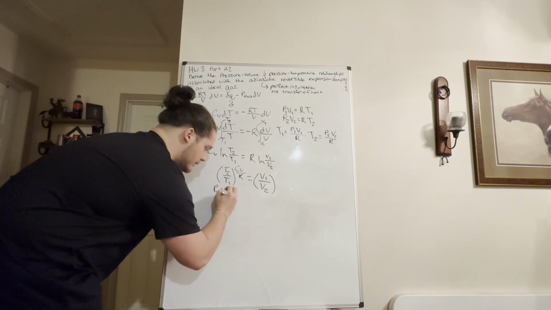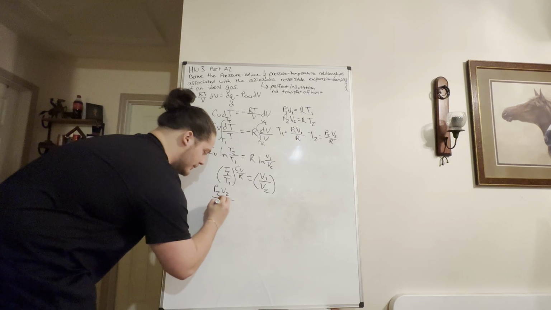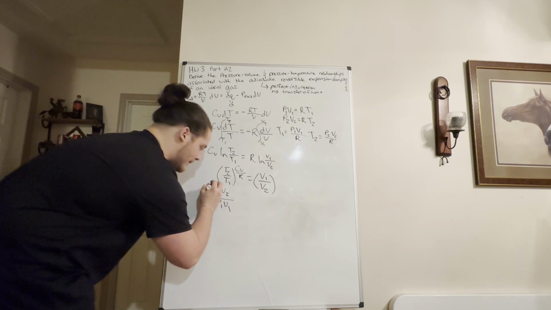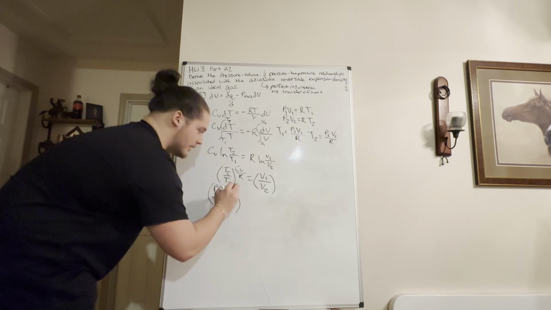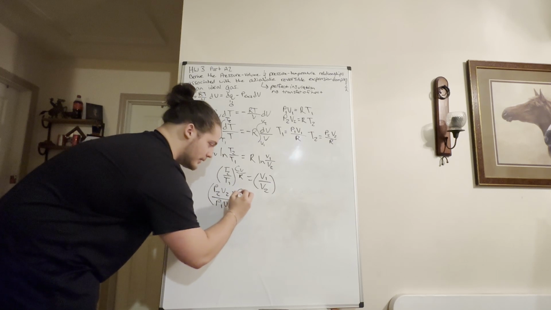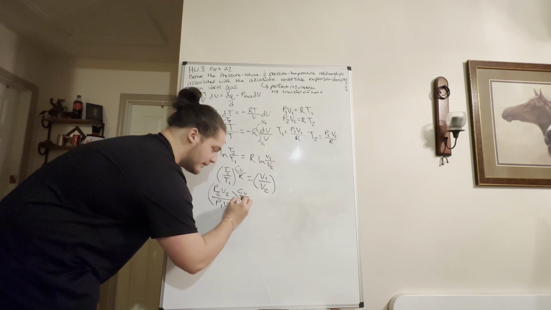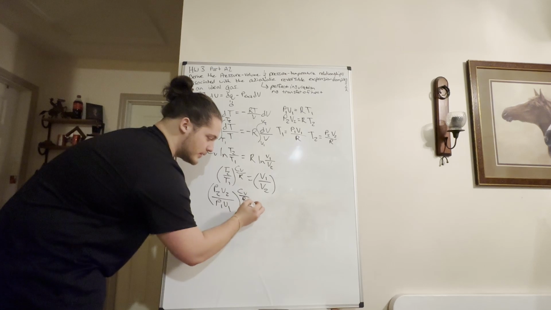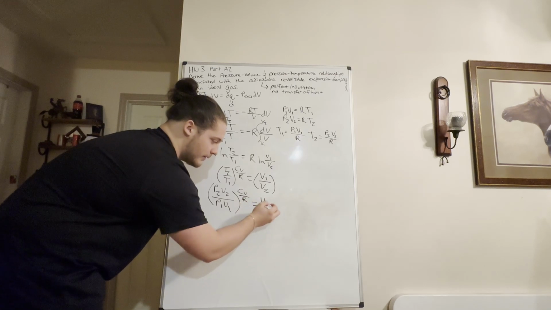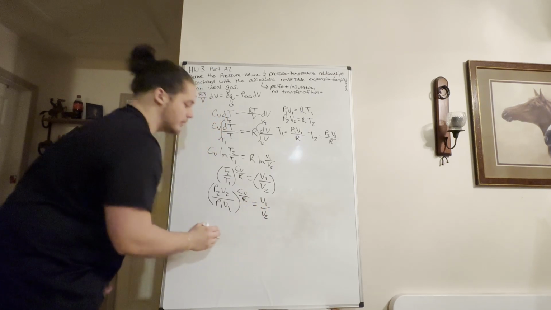P2 V2 over P1 V1, and this is going to be raised to the CV over R, and this is still going to be equal to volume 1 over volume 2.